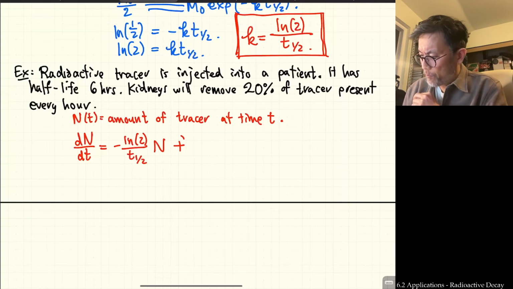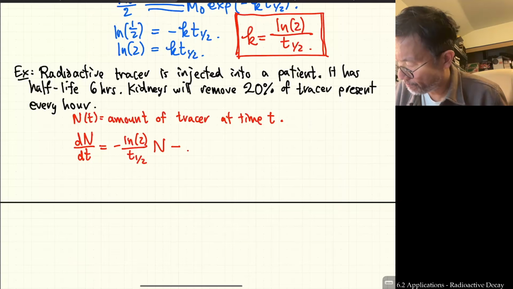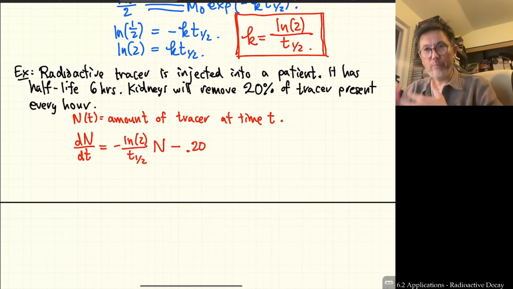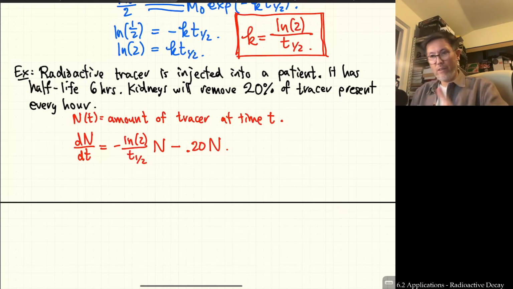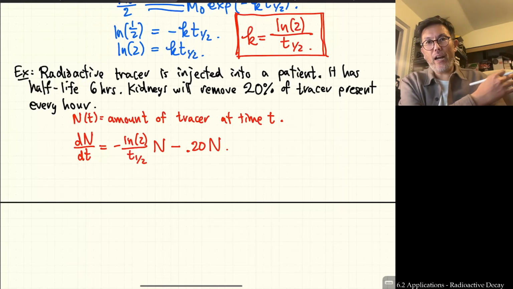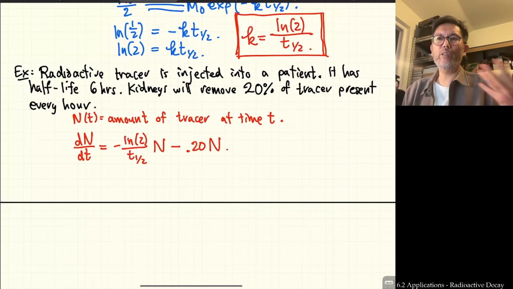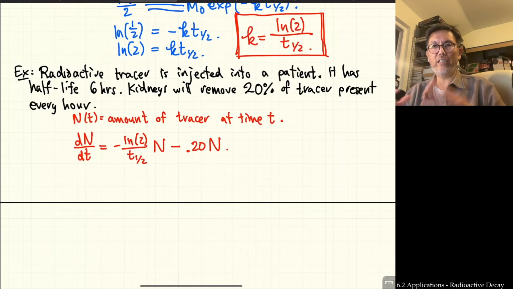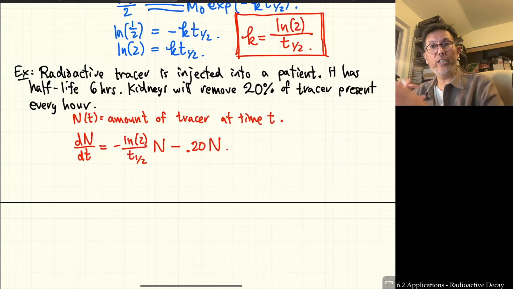So what this means is that this is contributing an additional 0.20, which is 20%, times N. So for every unit of time that passes, in this case, of course, I mean hours, that's the units that we're using for time, 20% of the material present is going to go away. That's the reason why I have this additional term.